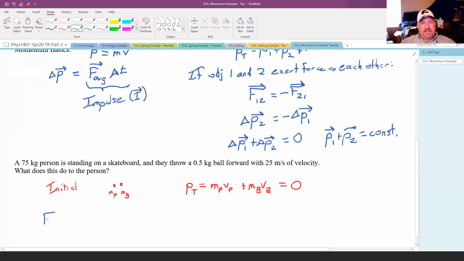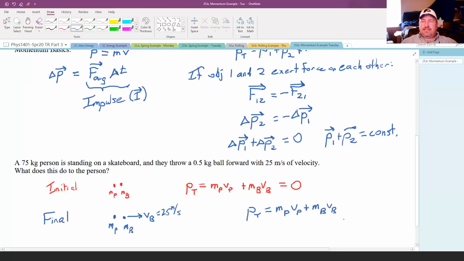In the final state, that is after the person throws the ball, we're going to have mass of the person and mass of the ball, and we'll have V ball equals 25 meters per second. So we can write P total is equal to mass of the person, V of the person, plus mass of the ball, V of the ball.